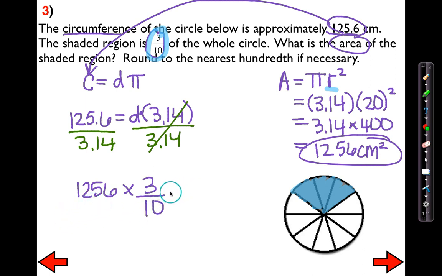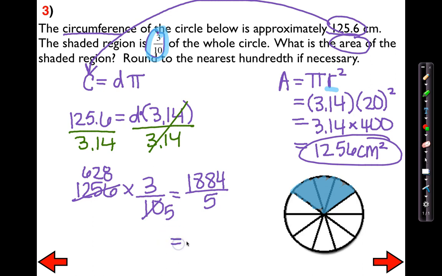Here, we're going to multiply straight across, but before I do that, if I were you, I would cross cancel by 2, leaving me with 628. So if you multiply 628 by 3, you would end up with 1,884 over 5.